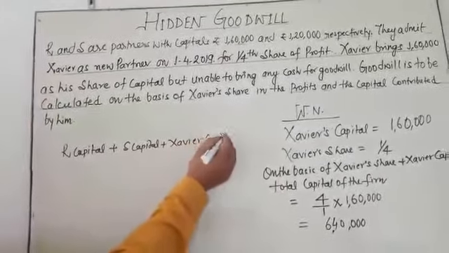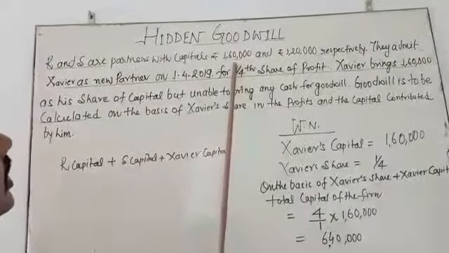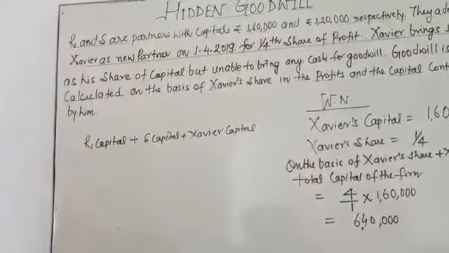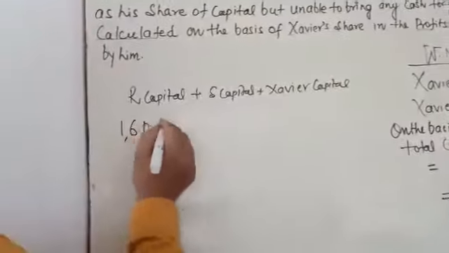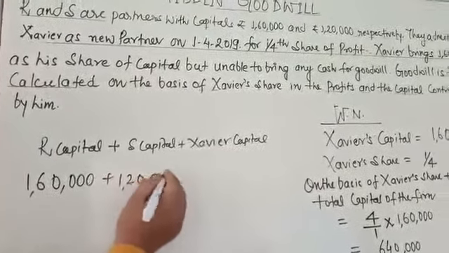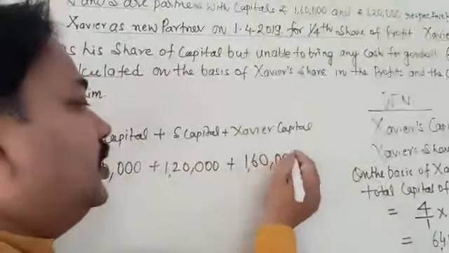What is the total capital? R capital is 1,60,000 and S capital is 1,20,000. So you put here 1,60,000 plus 1,20,000, and Javier capital is 1,60,000.